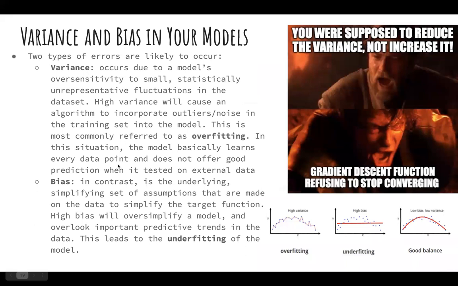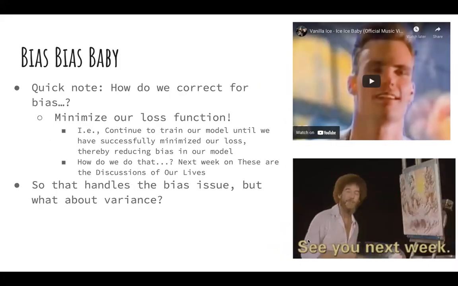Sorry. Okay. So if we're dealing with this problem where we underfit our model, where we start off here and we just say, okay, here's a line, I'm done, how do we deal with bias? Well, we try to minimize our loss function. We will get into that more next week, but you sort of already know how that works. We define our loss function, something like maybe MSE, and we train our model to try and minimize that.